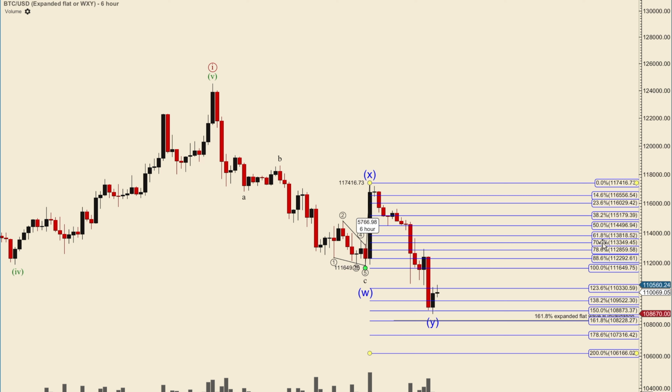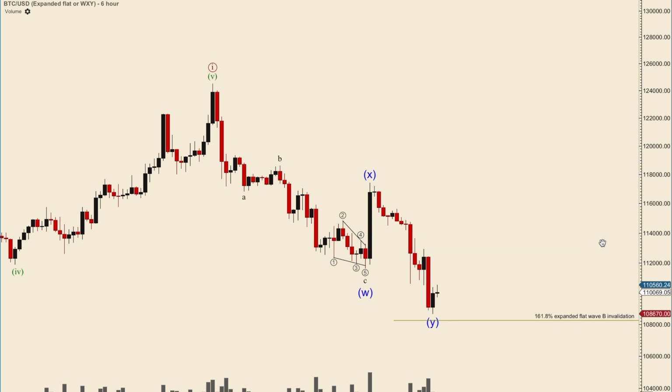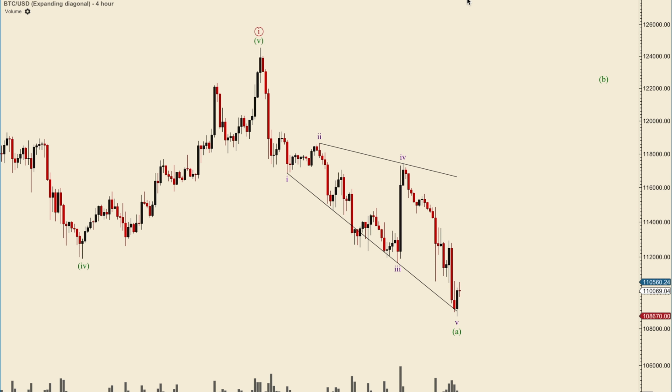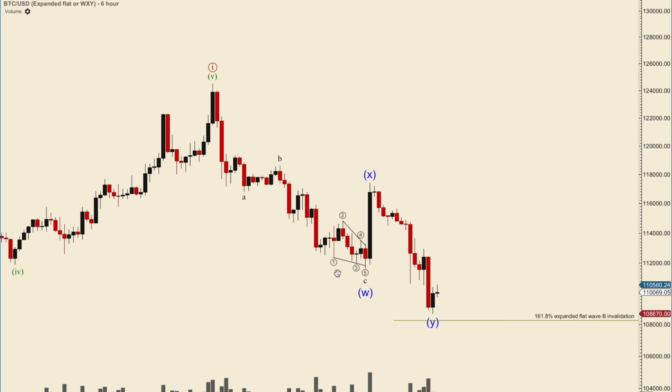If it hits this, then we know that the other scenarios have higher probability than an expanded flat. But if we have an expanded flat here, we are looking for upside in wave C, and after that we have a finished correction down, and then we are moving up, if we don't count this as an impulse, which is very improbable.